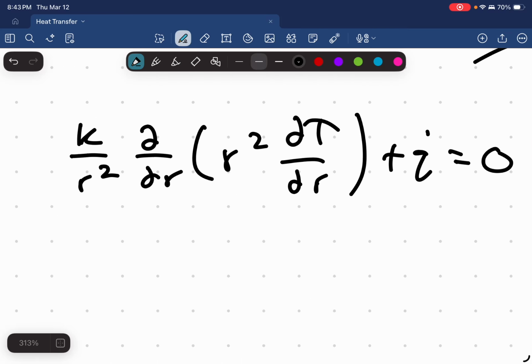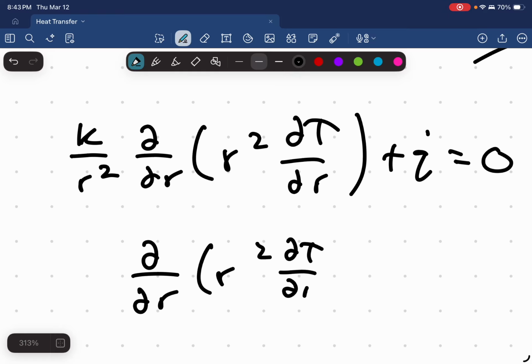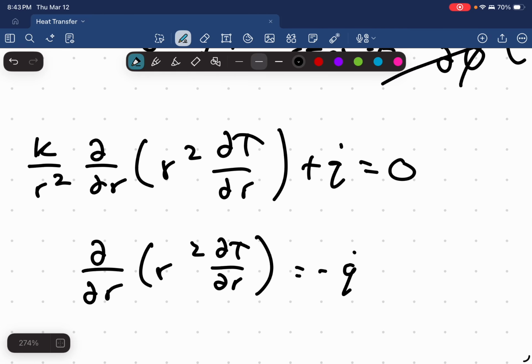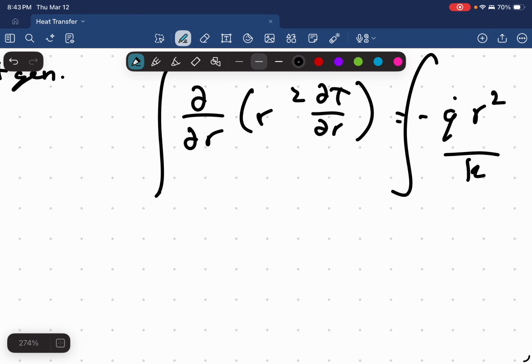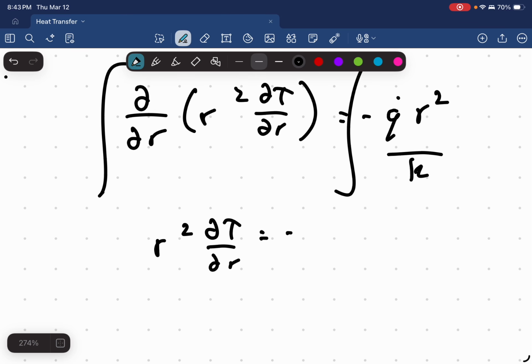Okay, so now I'm just going to do what we did last problem. We're going to bring the coefficient in front of this partial derivative being equal to 1, and also move the heat gen to the other side. And now we can integrate, and we're going to have r squared dT over dr equal to negative q dot r cubed over 3k plus c1.